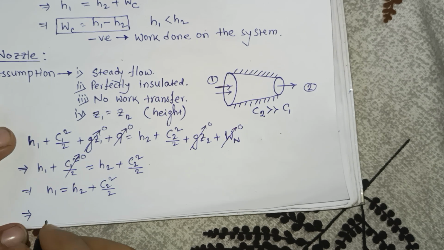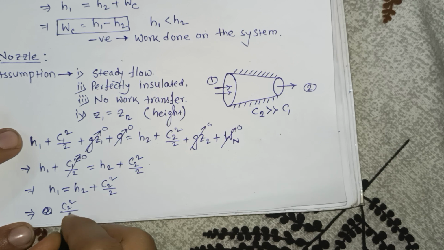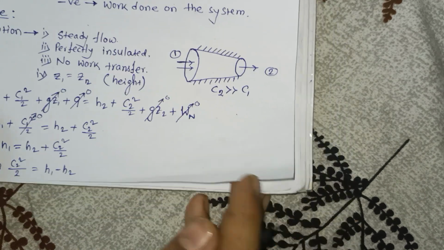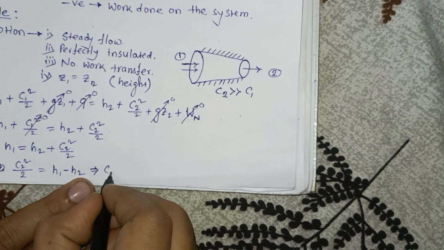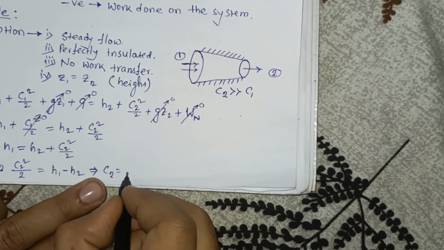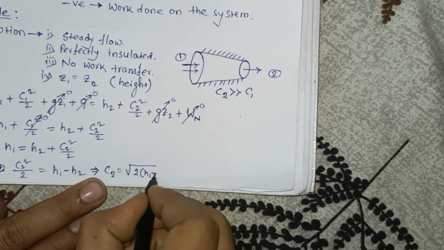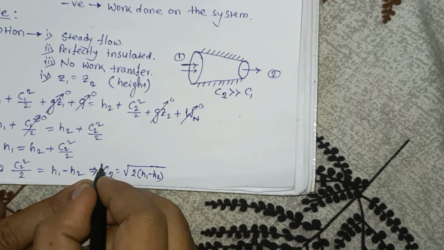So from here C2 square by 2 equals H1 minus H2, and from here C2 equals the square root of 2 into H1 minus H2. So this is the equation.